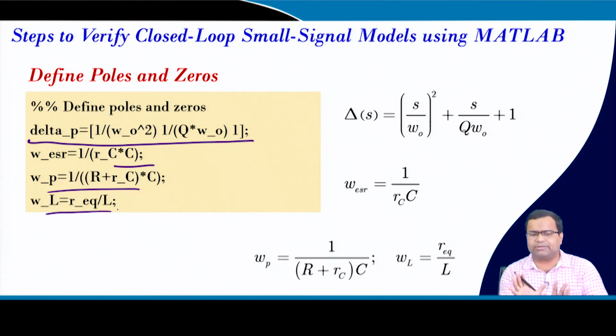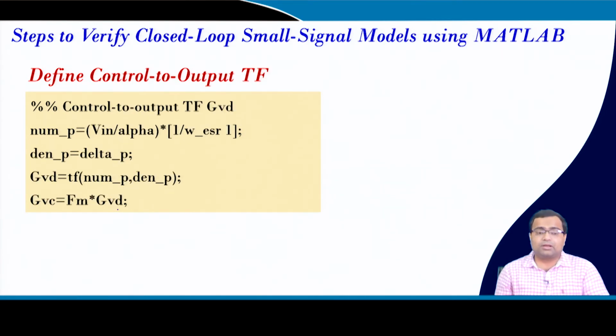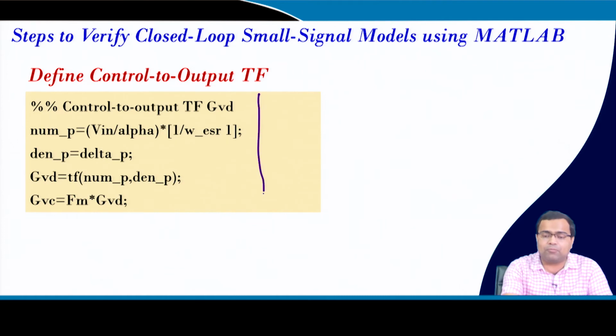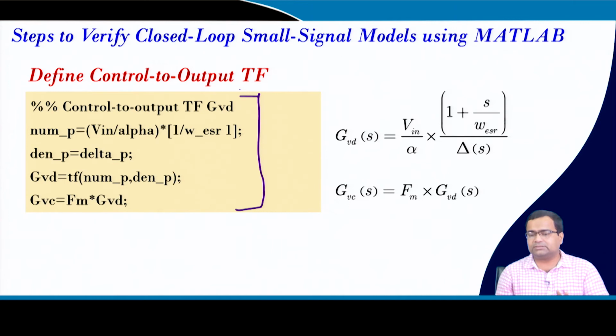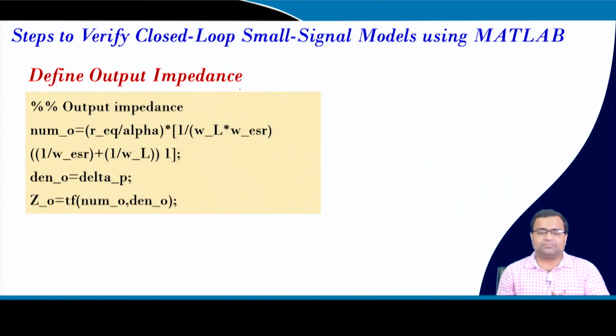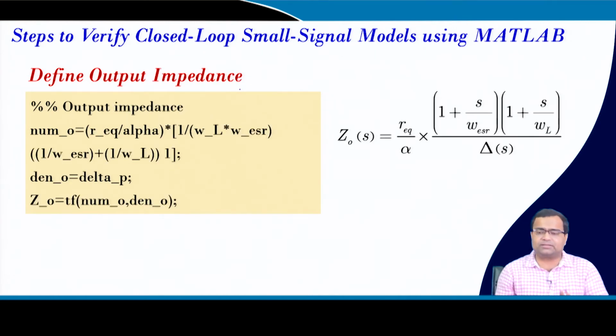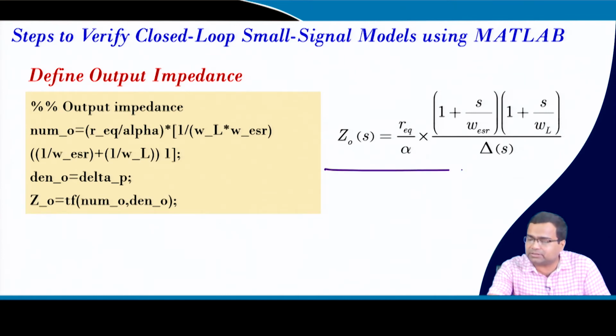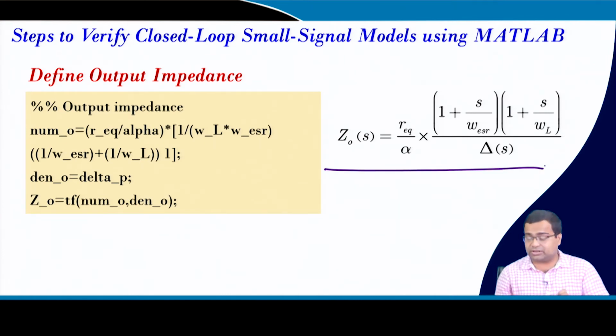This thing we have repeated in lecture number 30. We have defined the open loop control to output transfer function like this, also discussed in lecture number 30. Open loop output impedance also we have discussed in lecture number 30, how to write it as a transfer function.